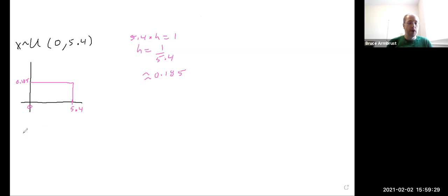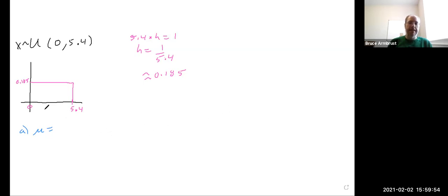All right, so for part A, it said we want to find the mean. So do you remember how to find the mean? It's actually really easy for uniform distribution. So Ali says here, add the first and last and divide by 2.